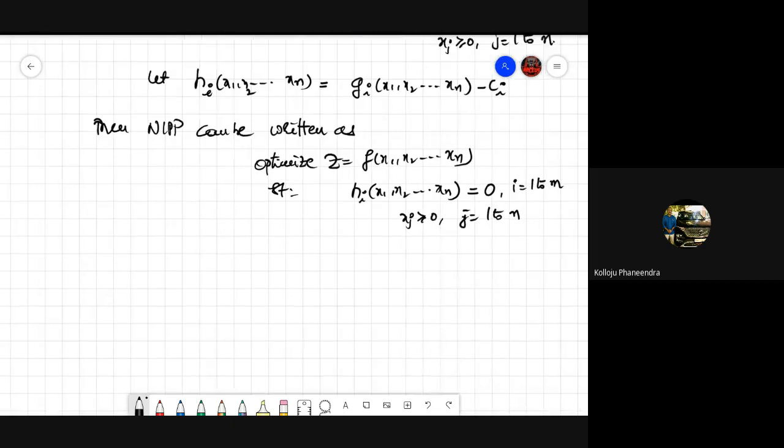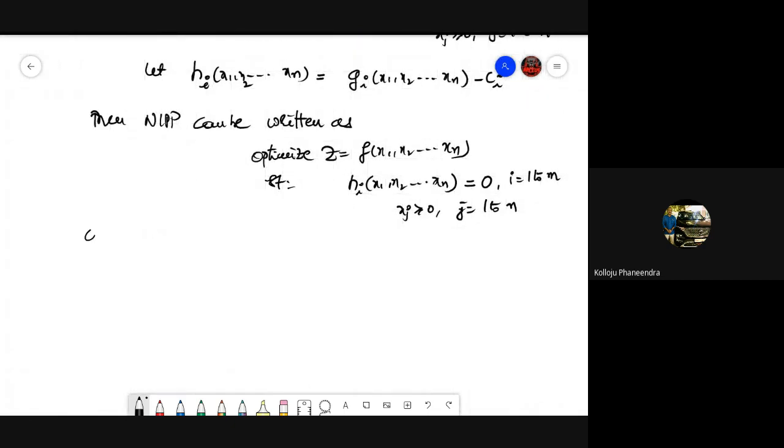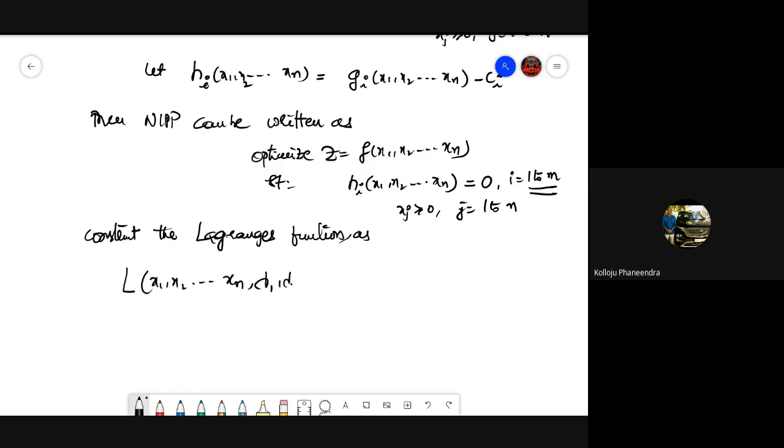Now, after this, what did we do previously? Construct the Lagrange's function. L stands for Lagrange's function. How many variables do we have? x1, x2, xn. How many constraints do we have? M constraints are here, so there will be m Lagrange's multipliers.